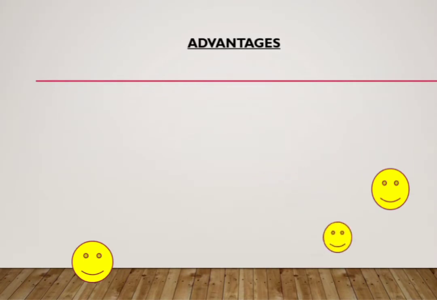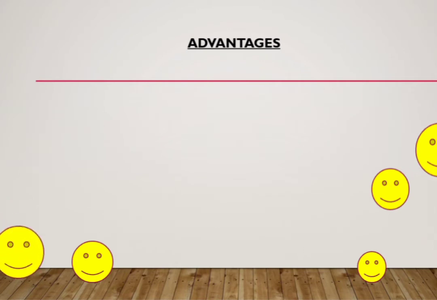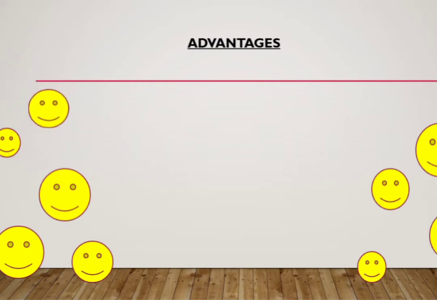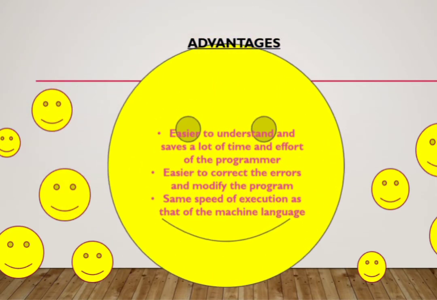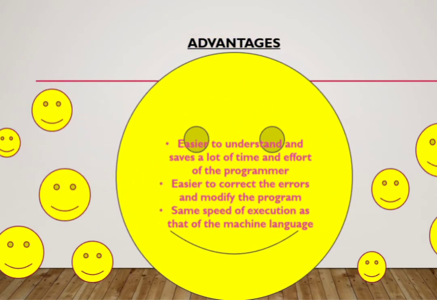Next we can discuss the advantages of assembly level language. We have said that machine level language consists of only ones and zeros, but assembly language consists of some symbolic codes, isn't it? And these codes are somewhat meaningful too.